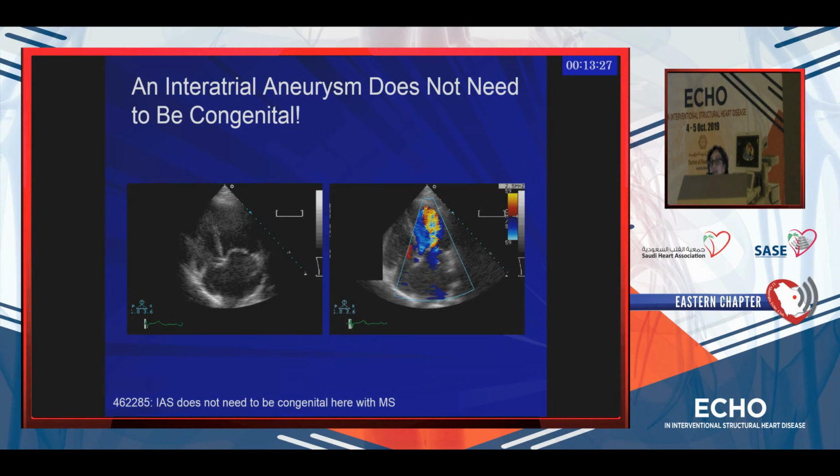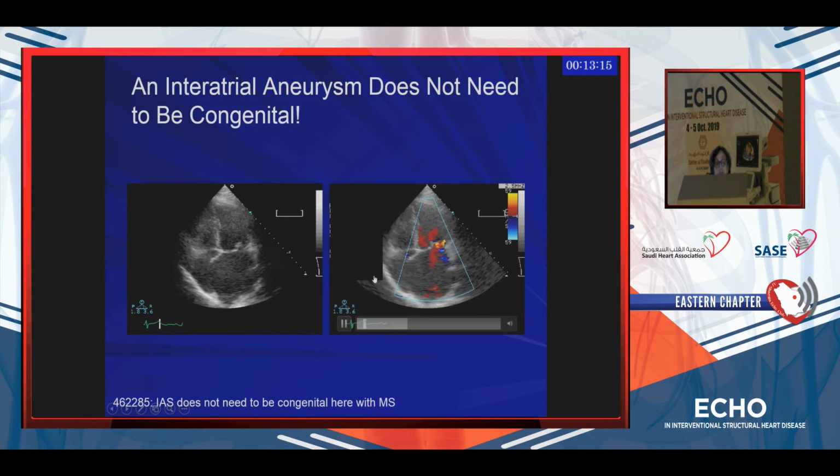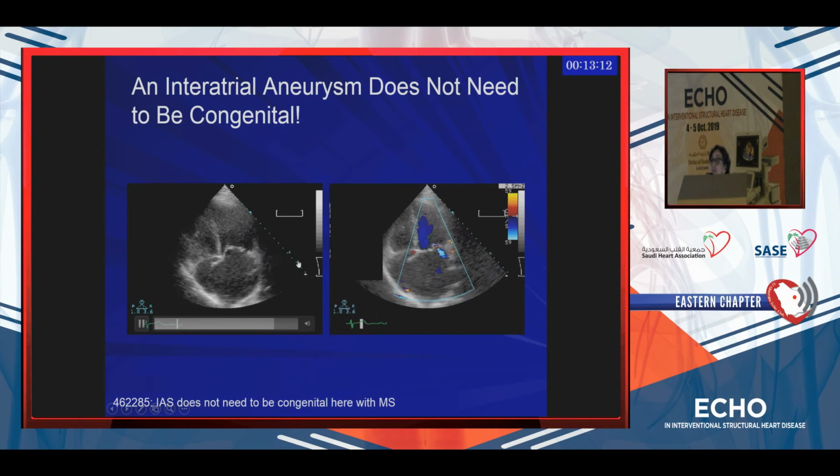We are all practicing in a part of the world where we see a lot of mitral stenosis. And this is a really, really nice case where you can see there is severe mitral stenosis and the interatrial septum, which might have started being thin, has been stretched so much that it has become very aneurysmal.